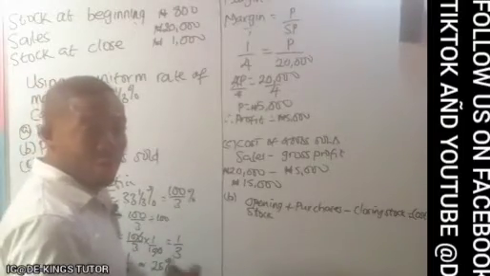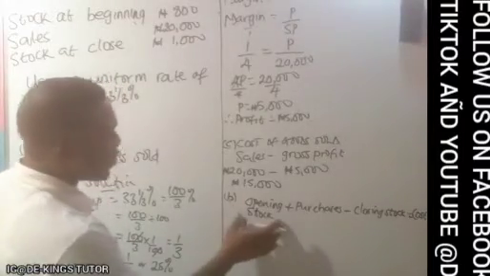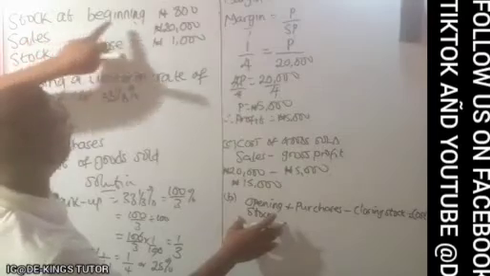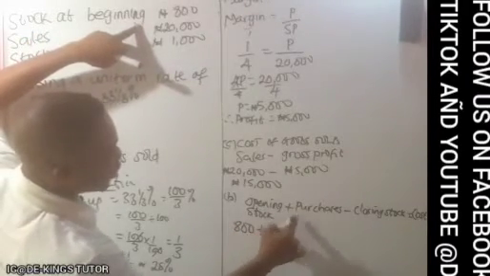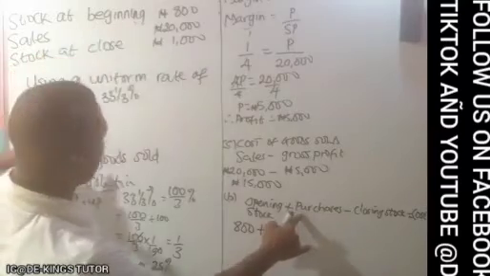Since our opening stock, the stock at the beginning, was given as 800, we'll have 800 plus our purchases, which is unknown and is what we are looking for, minus our closing stock of 1,000, equals cost of goods sold, which we found as 15,000. What remains is to get the purchases.